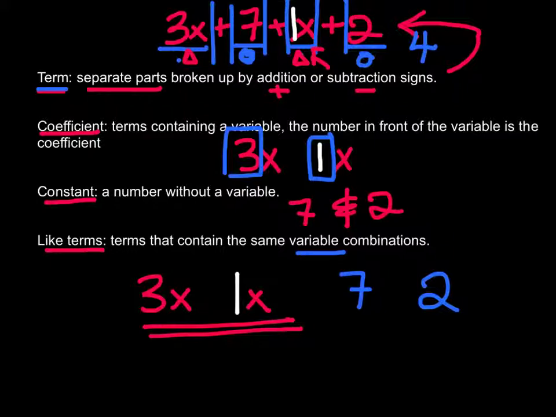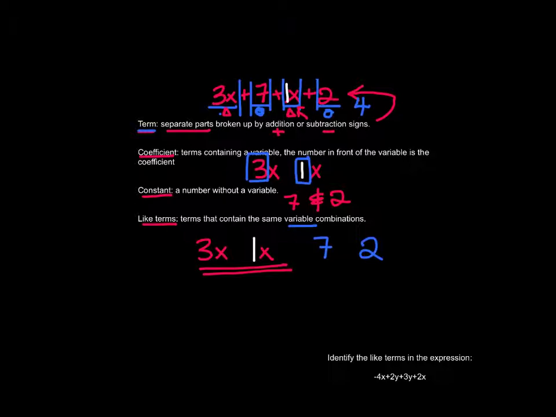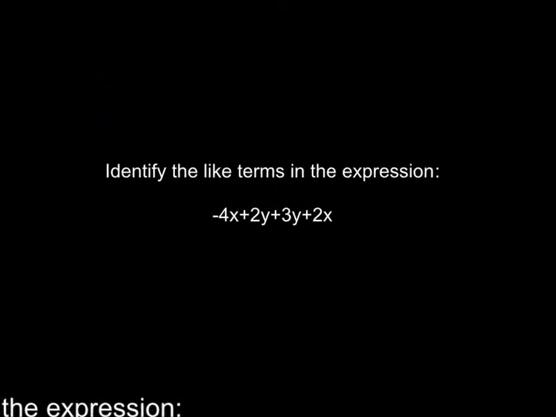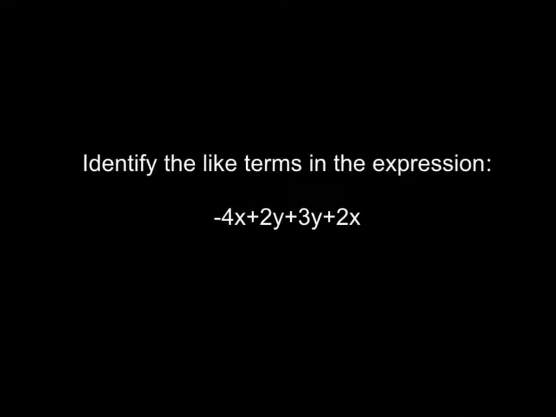All right, so now we're going to talk about what that looks like. First, with this next problem, we are going to identify the like terms in the expression. So first I'm going to break it up. I'm going to erase some of this and use a thinner pencil line. Sorry.